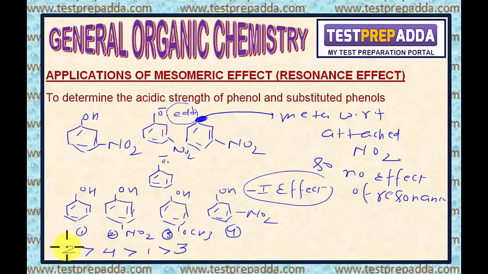So this is the correct order for these compounds. My point is clear. So this is all about the acidic strength of phenol and substituted phenol. If the substituent is electron withdrawing through resonance, it will increase the acidic strength of phenol. If the substituent is electron releasing with respect to resonance, it may decrease the acidic strength of phenol.